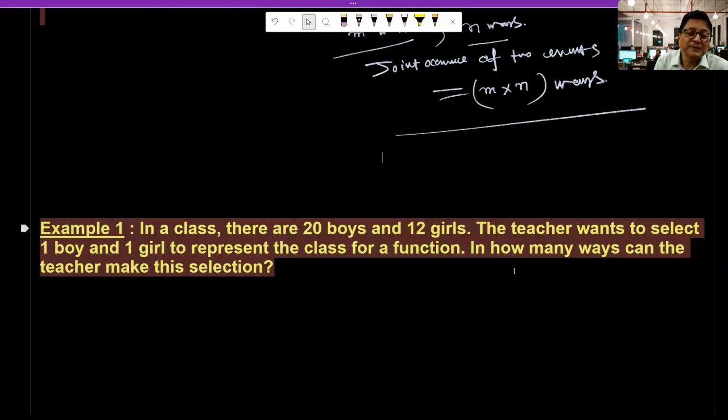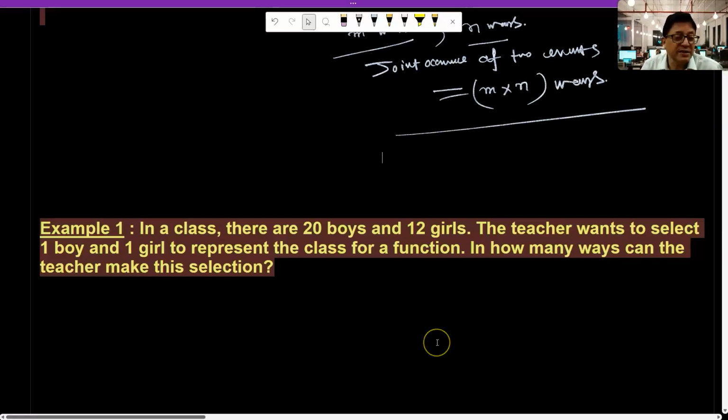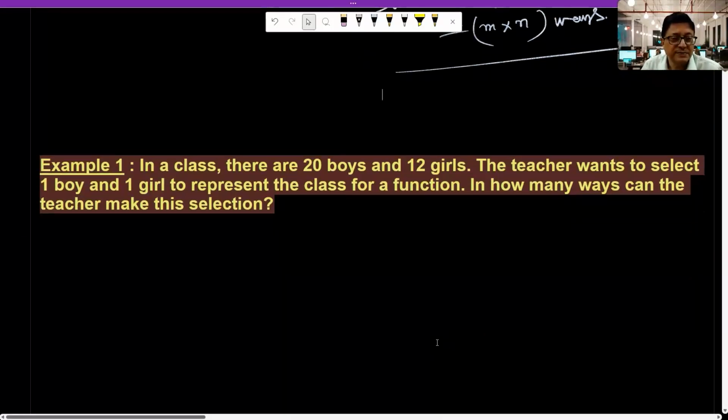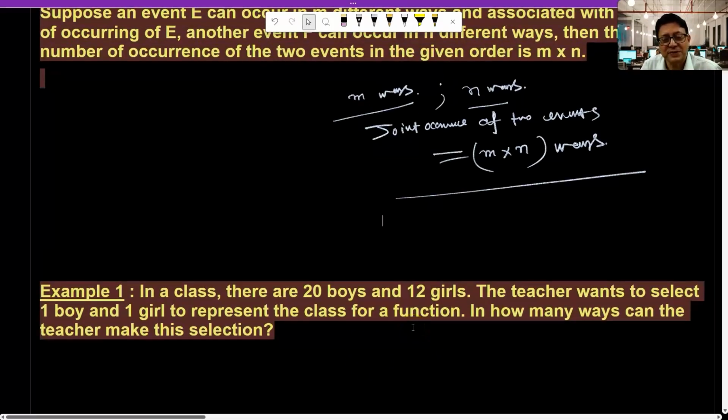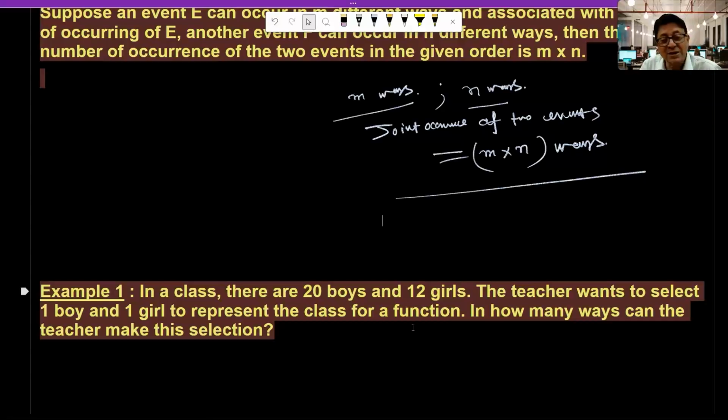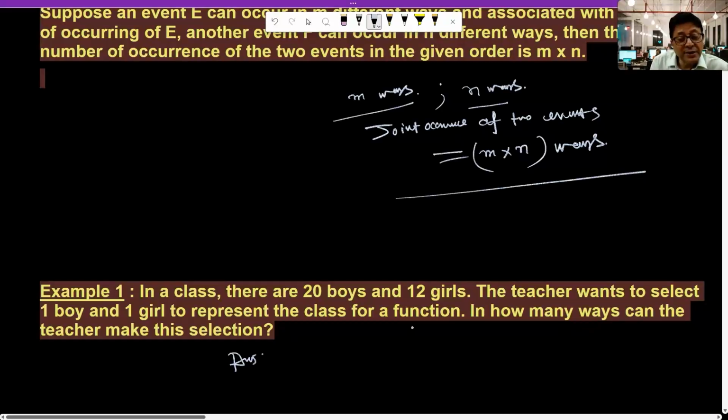How many ways can the teacher make this selection? 20 boys are there, 12 girls are there. So either selection of boys, no, not either. Selection of boys is required, selection of girls is also required. So out of 20 boys, they are all equally probable. You can select any one of them.